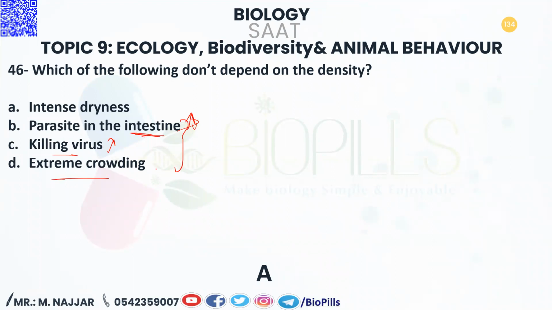Extreme crowding: when they are very crowded, they will compete on the resources and the diseases will spread in them very, very fast. Exactly. While intense dryness, such as the tornado, the hurricane, human development, and the earthquakes, are all considered density independent. So this is the correct answer here.